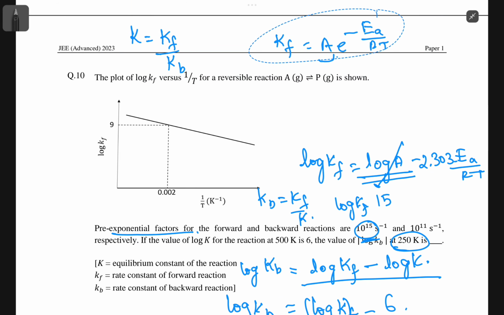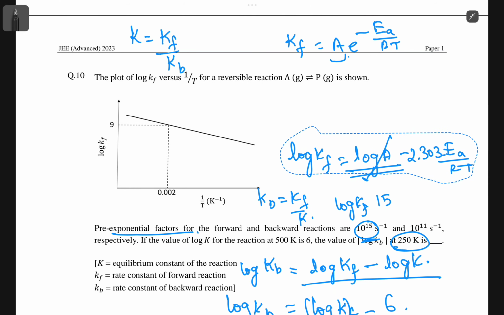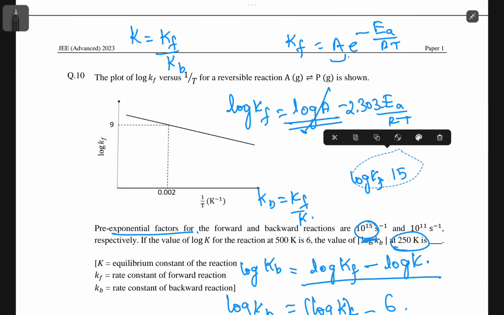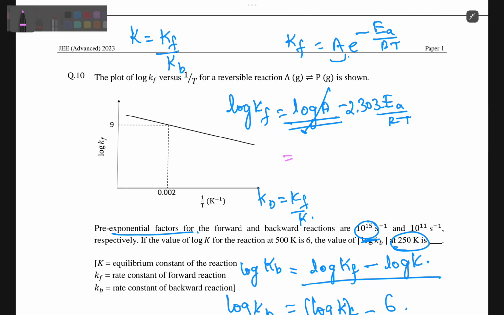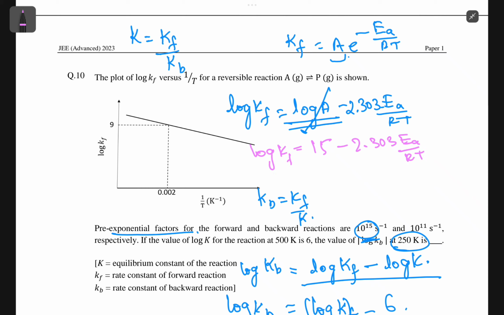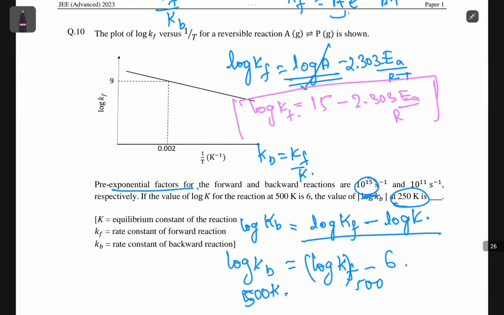We don't need this, or okay, let's just keep this here. So log A is 15 minus 2.303 EA upon RT. This should be log Kf, and T is obviously 500 Kelvin.